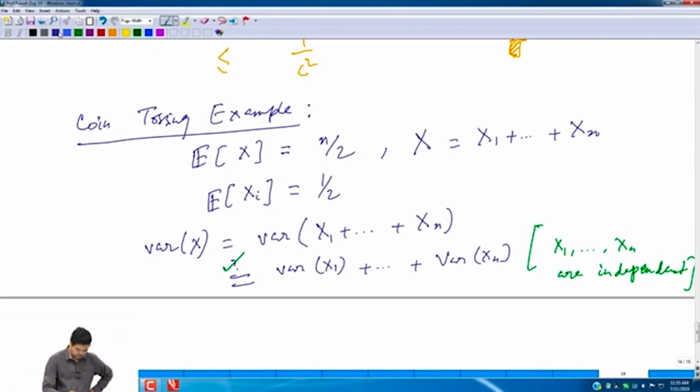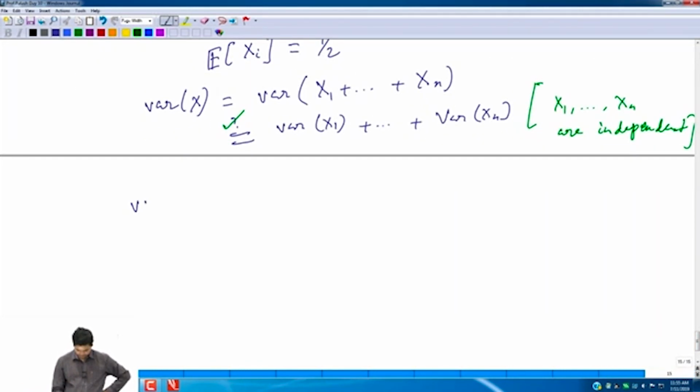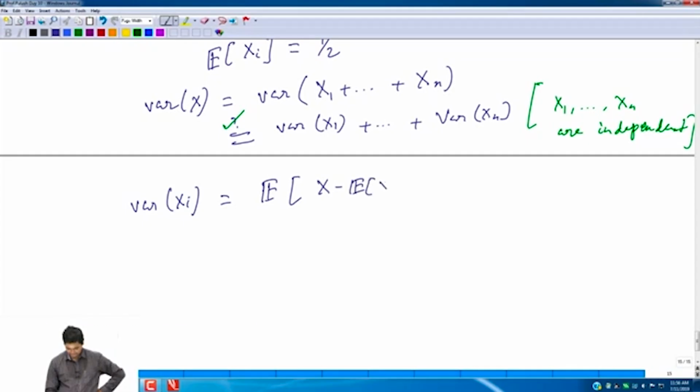Let's compute variance of xi separately. So what is variance of xi? Let's compute from the definition so that we get all used to. So it is what? Expectation of xi minus expectation of xi whole square.